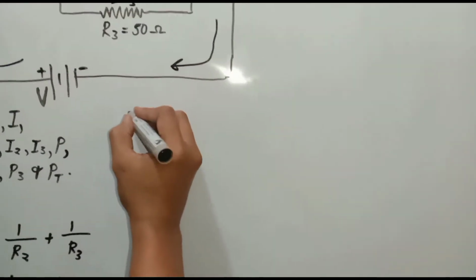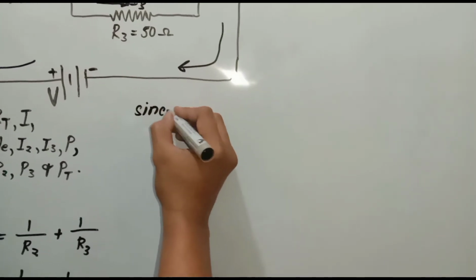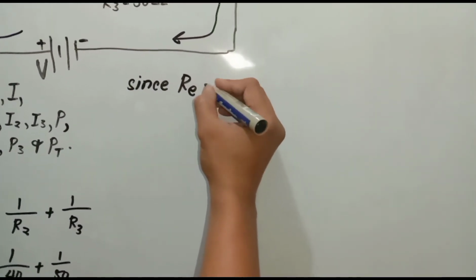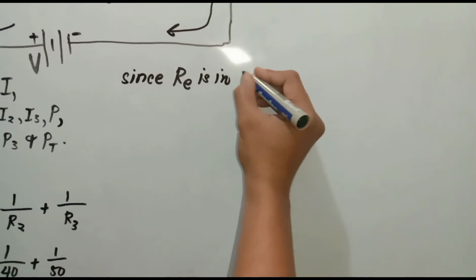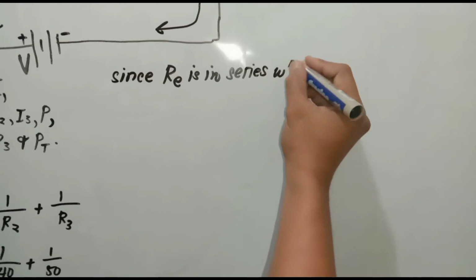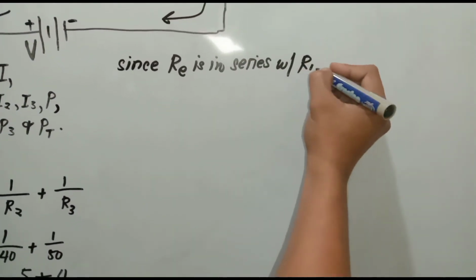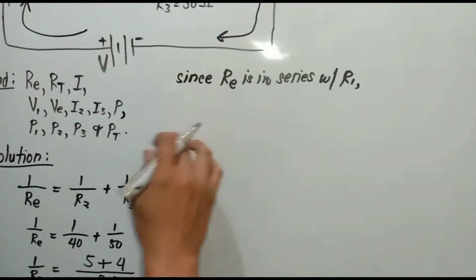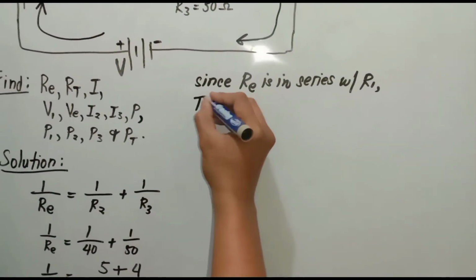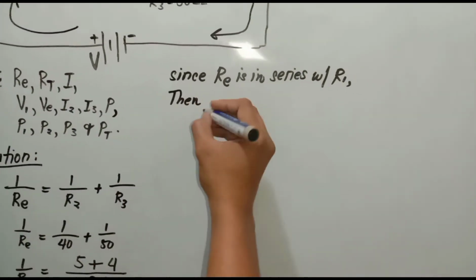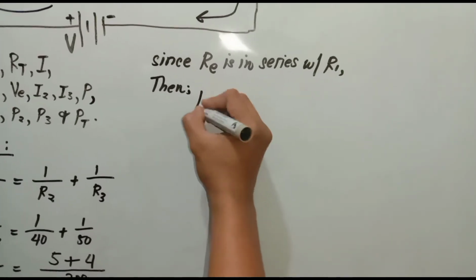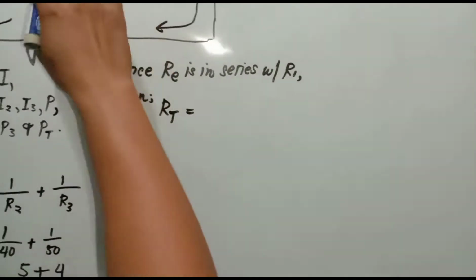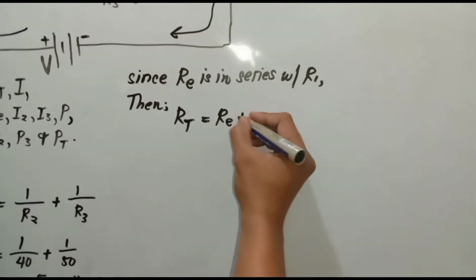Since RE, the equivalent resistance, is in series with R1, the second requirement is the total resistance of this circuit. Then RT is equal to RE plus R1.